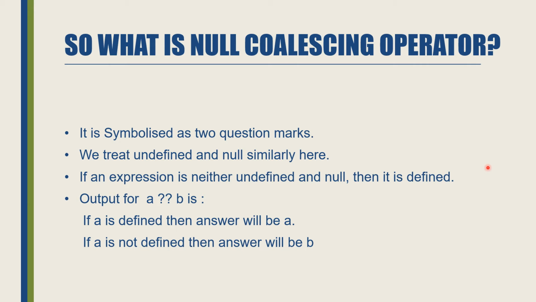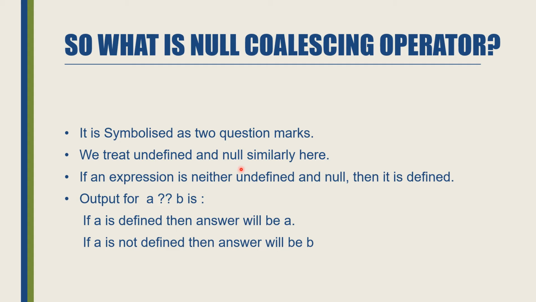Suppose there is a value A, or suppose there is B. If A is null or undefined, in both cases we say these are similar, like A equals undefined, then it will be equal to null also.